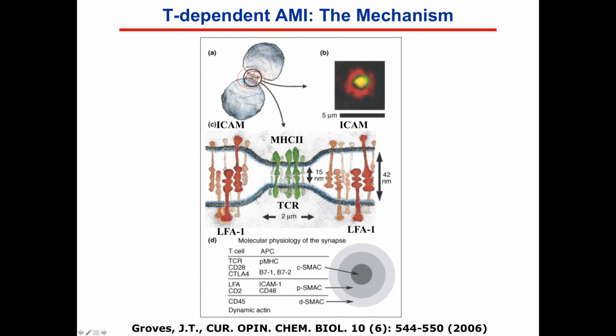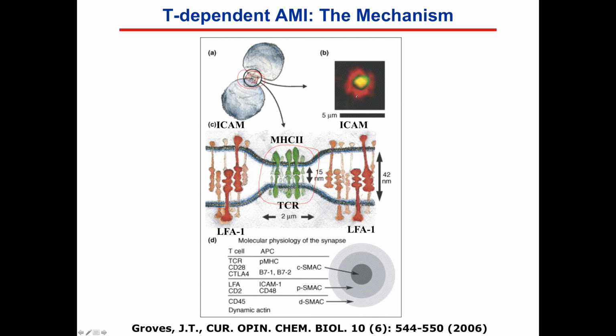If we were to take a cross section of that synapse, in the middle we'd have a region heavily concentrated with the MHC2 and T cell receptor interactions, and around it are the adhesion molecules.